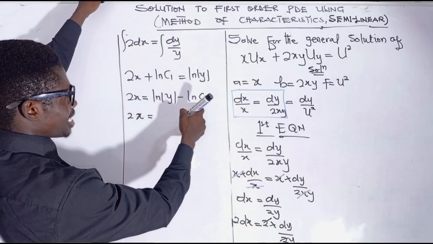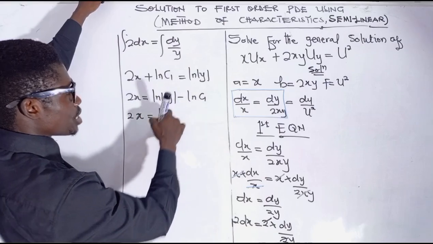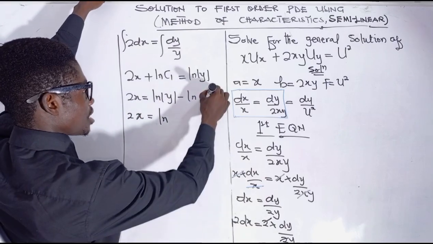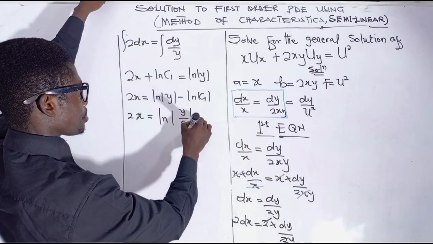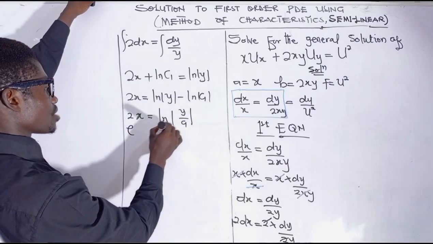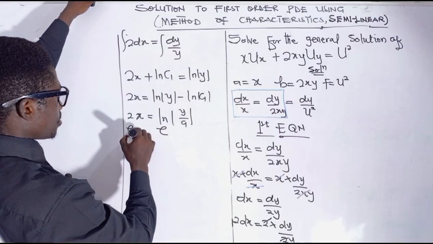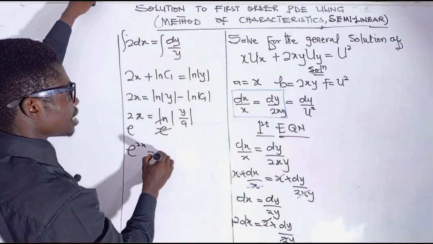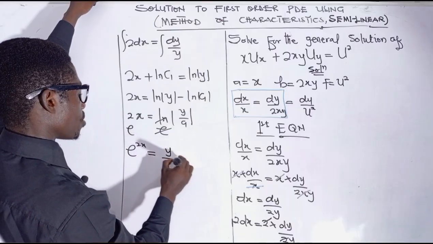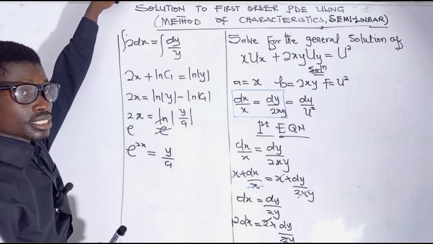Apply our basic knowledge of logarithms. Since we have ln and ln, we can pick one ln and divide their arguments. So we have 2x is equal to ln of y over c1. Now let's take the exponential on both sides so that we can cancel the ln. We are left with e to the power 2x is equal to y over c1. We want to make c1 the subject.